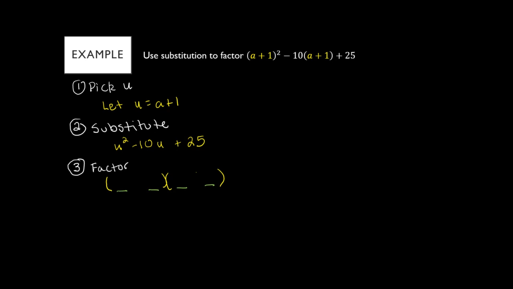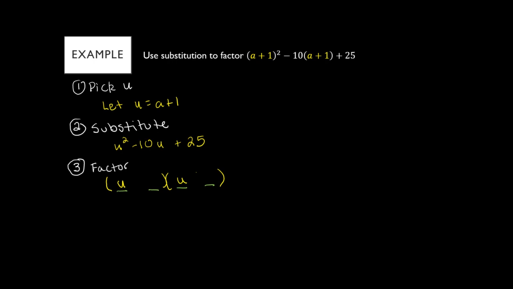The first spot in each set of parentheses needs to multiply to the first term in our trinomial. So we have to multiply 2 things together to get u squared. Generally for anything squared, it's just that variable times itself. So it's going to be u times u.